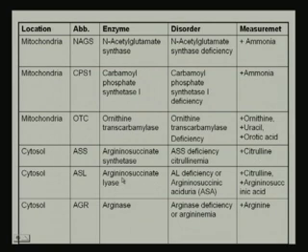Arginosuccinate lyase, if it is deficient, is called AL deficiency or arginosuccinic aciduria, and here the citrulline and arginosuccinic acid concentration in the living system goes up.